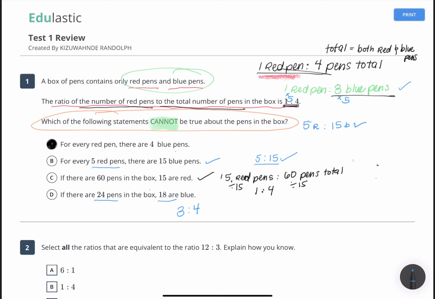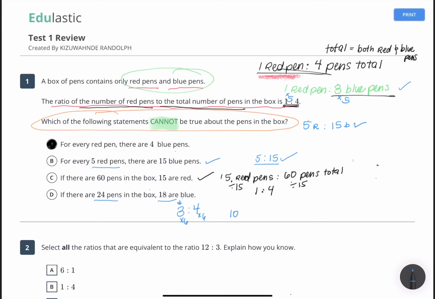But I'm just going to multiply for this case. 3 representing the blue pens, 4 representing the total pens in the box. So I want to see if there's a number I can multiply 3 by to get to 18. If you guessed 6, you are absolutely correct because 3 times 6 is 18. 4 times 6 is 24.